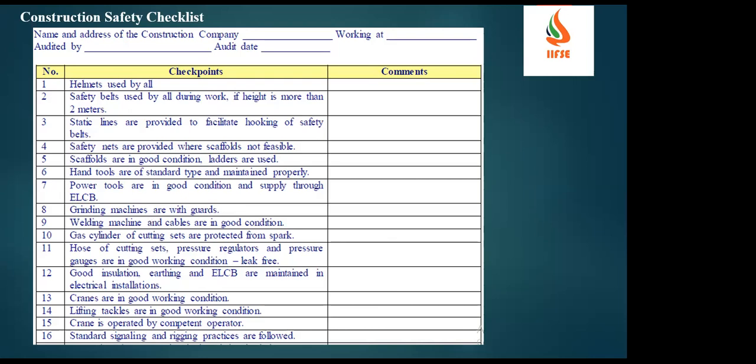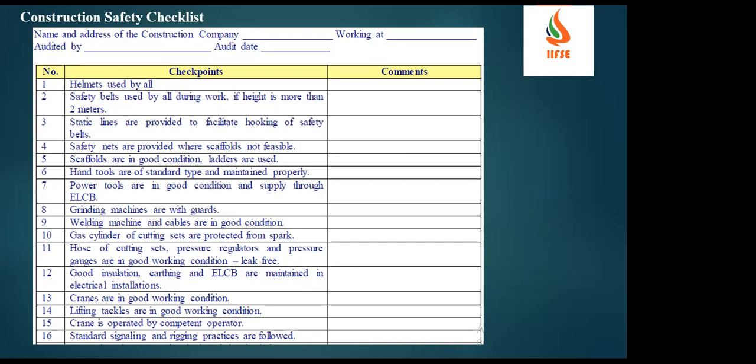Also, hand tools are of the standard type and maintained properly. Whatever hand tools they are using must be in good condition and maintained properly. In hand tools, we can also cover portable power tools. The power tools must be in good condition and supplied with an ELCB or RCCB. These power tools must be inspected by the safety person every month.